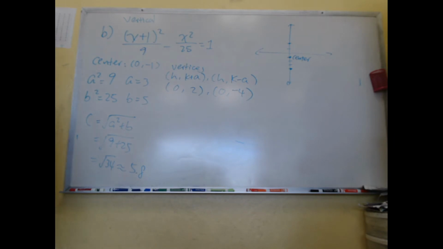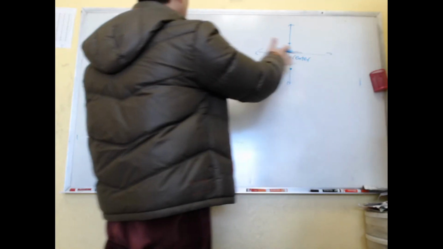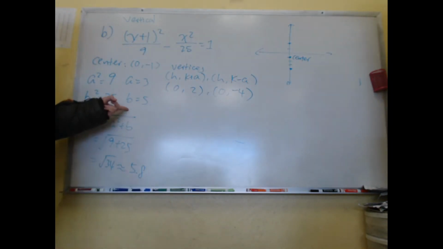Now, here's the problem. How do we find the slant asymptote for this? It's a vertical. Do they all have slant asymptotes? Yes, always, if that's a hyperbola. Okay, so now since we do know the vertices right here, what's the value of b? 5.